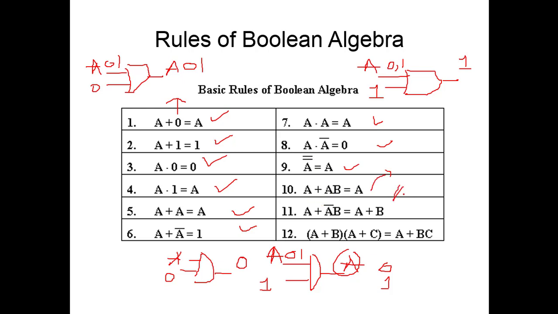If we take a common, you can write 1 plus b. So for 1 plus b, if we apply the postulate, we can place 1 over here. So a into 1 is equal to a. So we can write that a plus ab is equal to a. You can also verify these postulates with the help of truth tables.